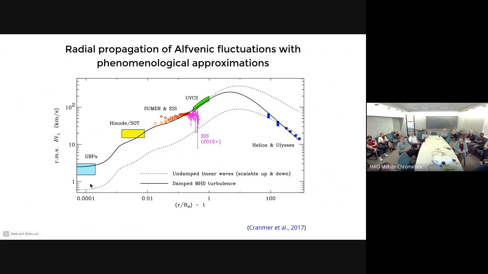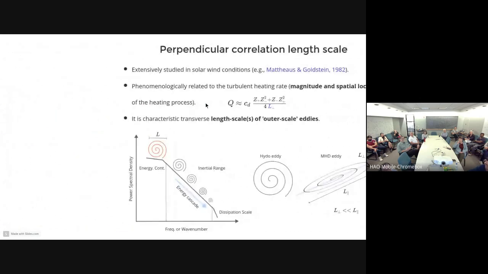Here we can see that it very nicely follows the approximations for the perpendicular root mean square velocity fluctuations in the photosphere, in the chromosphere, and higher up in the corona as well. So at this stage, it gives us some confidence that yes, we can use this very simplistic approximation to estimate the correlation length scales.